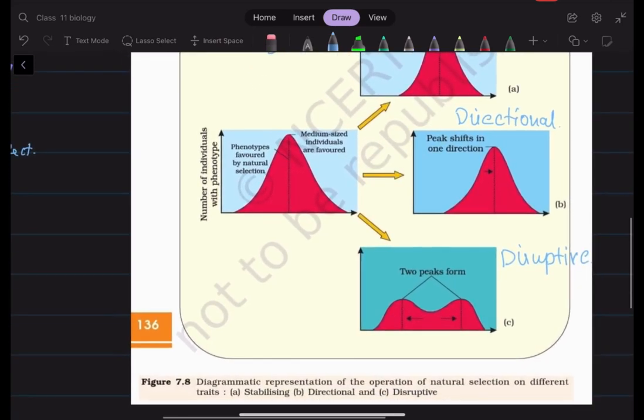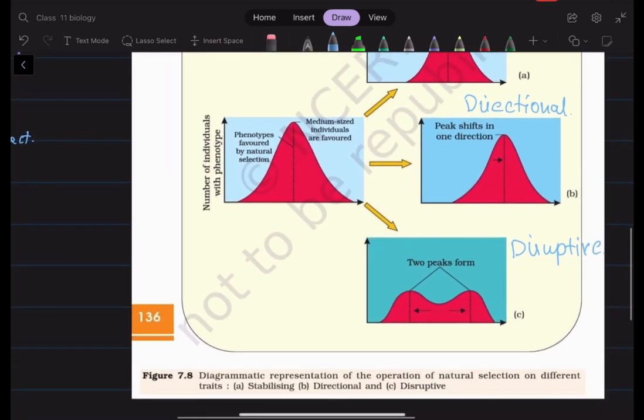So you can see a graph here. The middle of the graph over here represents the intermediate phenotype, and here we have two extreme phenotypes. And this y-axis represents the number of individuals with the phenotype.